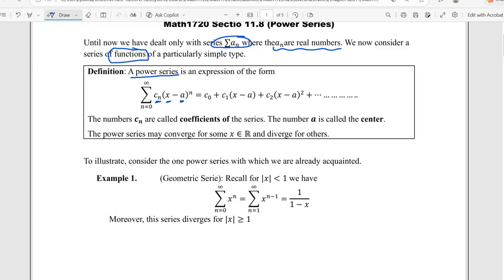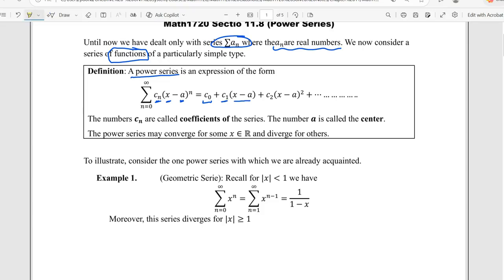If you expand it, when you put 0, C0 times (x minus a) to the power 0. Anything to the power 0 is 1, so that is just C naught. Plus when you put n equals 1, C1 times (x minus a) to the power 1. C1 is just some different constant, it's just a name. And then C2 times (x minus a) to the power 2, and so on.